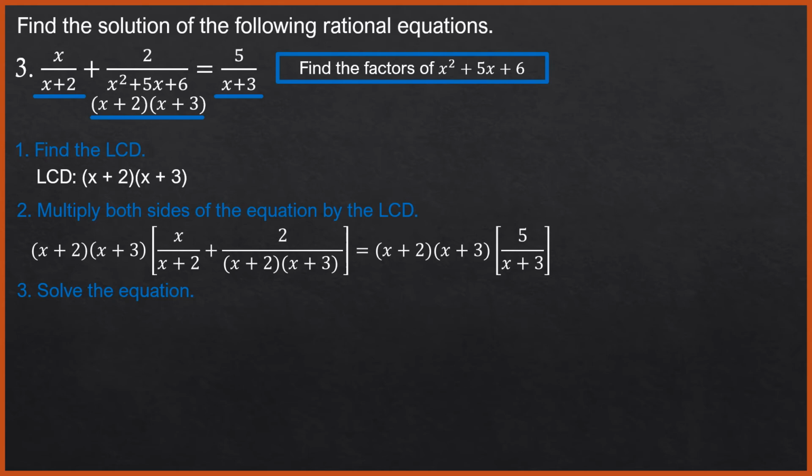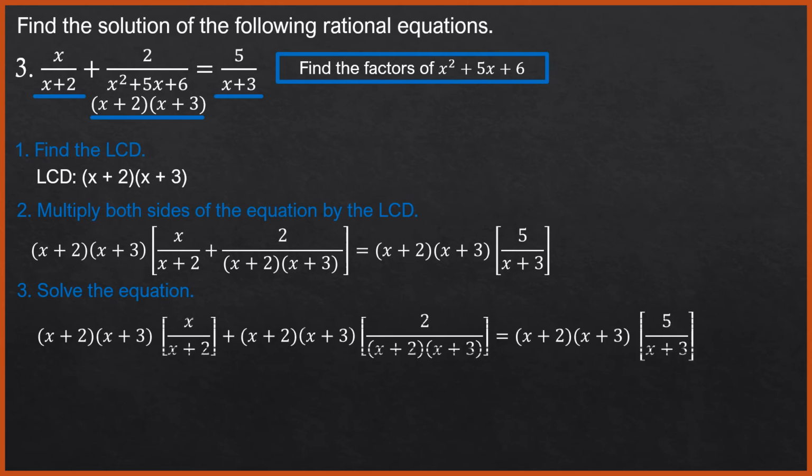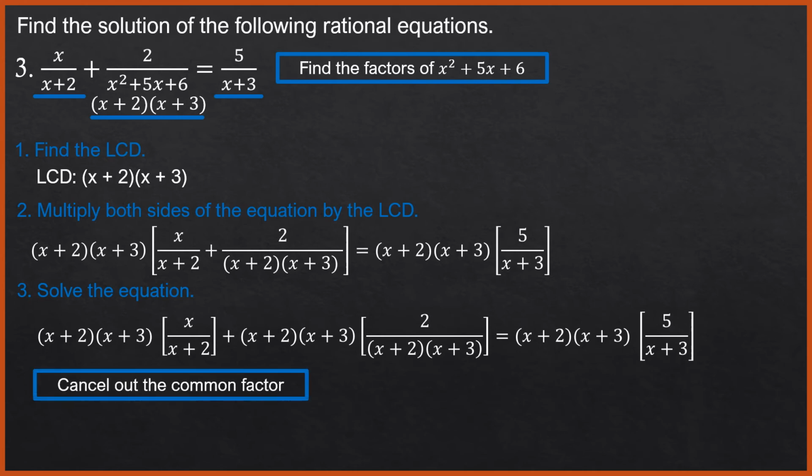To easily solve the equation, we multiply the LCD to each term. And then, we cancel out the common factor. For our first term, our common factor here is x plus 2. And if we are going to cancel out x plus 2, our answer is x times the quantity of x plus 3.